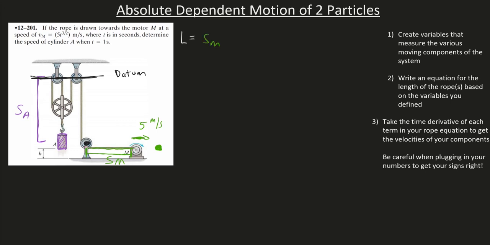So we got that. This next section here, this is just going to be a constant. Regardless of whether we move up or down or left or right, there's always going to be this red rope filling this space. So this is going to be constant, C1.